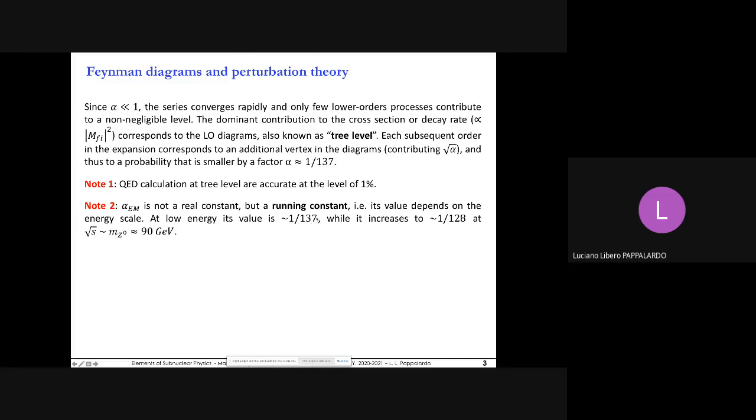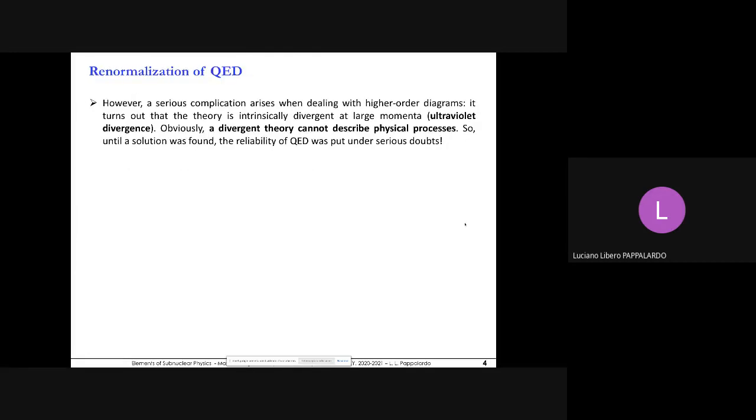But if you increase energy, the value of alpha increases. For instance, at the scale of the Z0 mass, so when we are at the order of 90-100 GeV, the value of alpha has increased to 1 divided by 128. So it is not a constant, but it depends on the energy of your process.